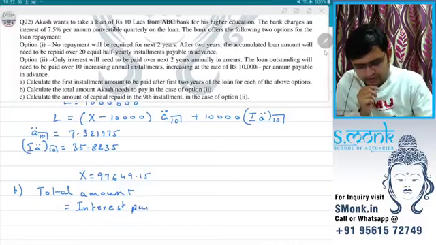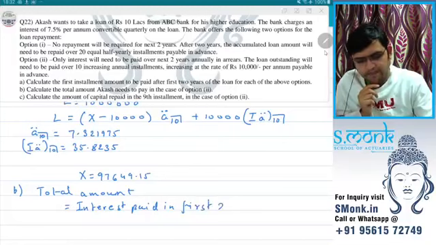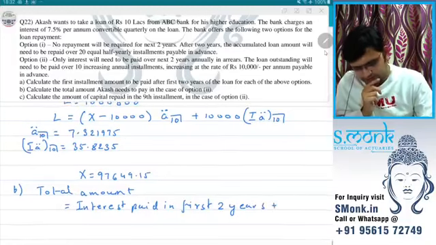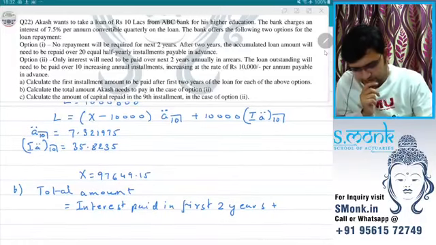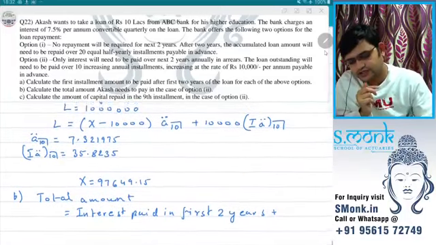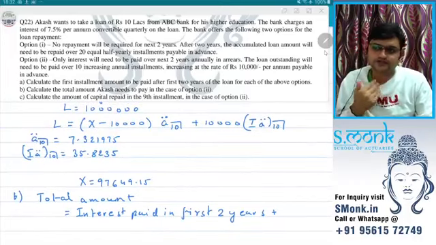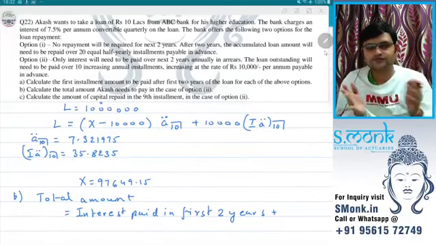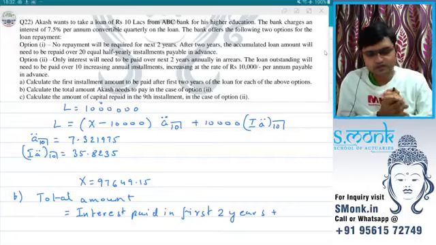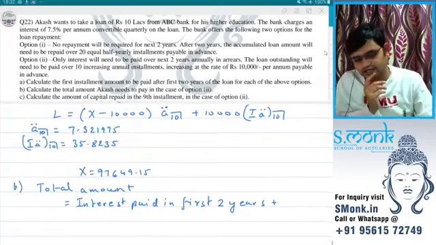interest paid in first 2 years plus, we will have, see, first payment was X, then X plus 10,000, X plus 20,000, X plus 30,000. This goes on for 10 years. Last payment is X plus 90,000.